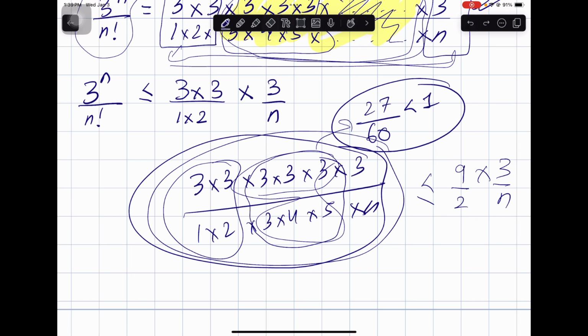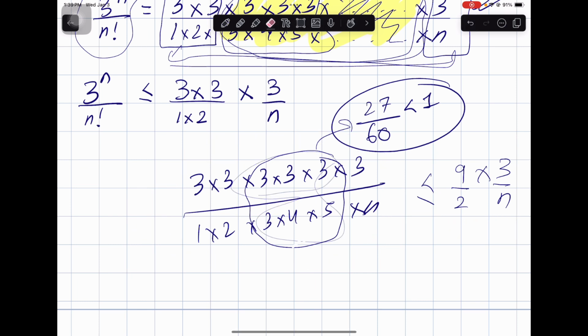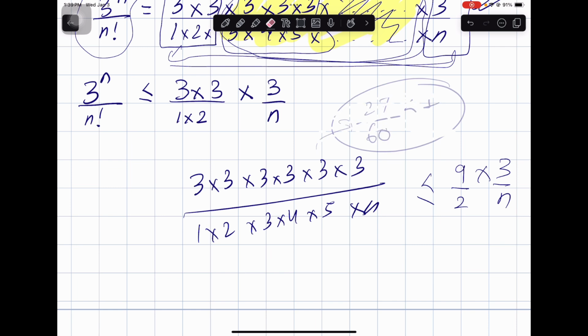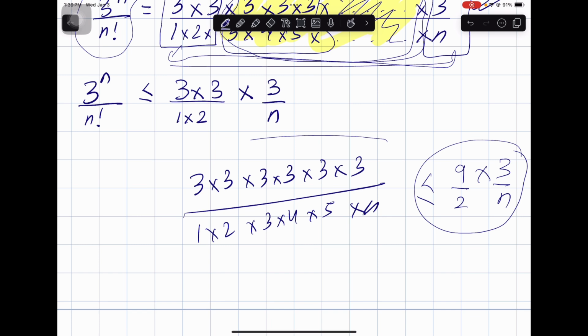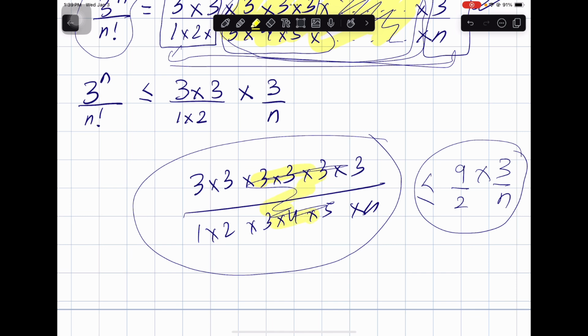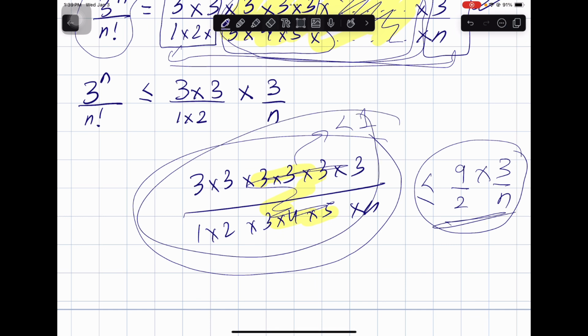Let me get rid of these lines. Let me be faster so that the video does not get too long. So this term is the same as this term, only without these three things. And since these are less than 1, we can comfortably say that this term is less than this.